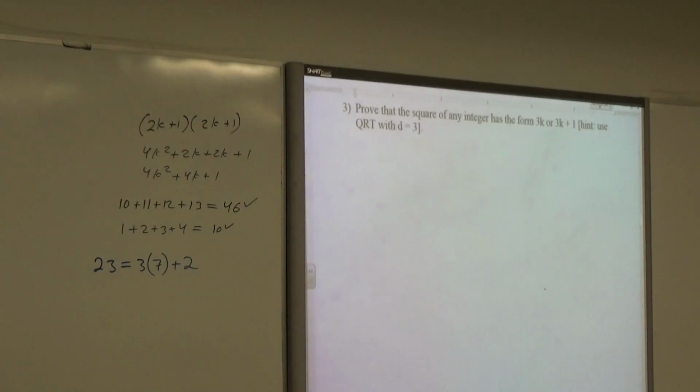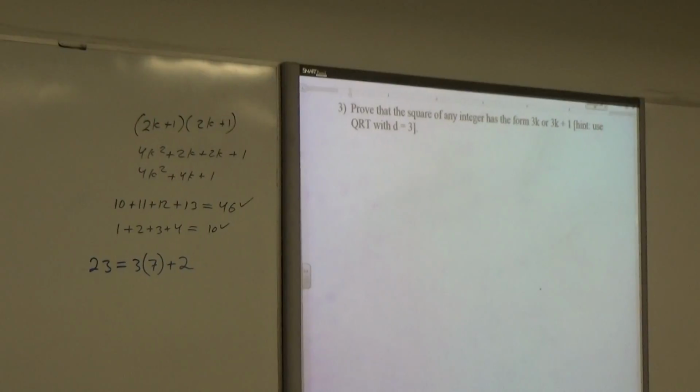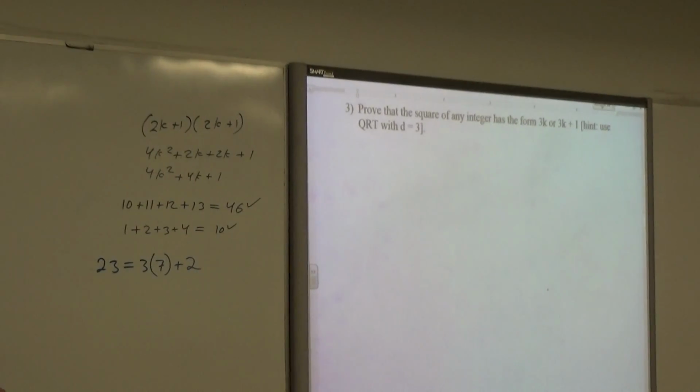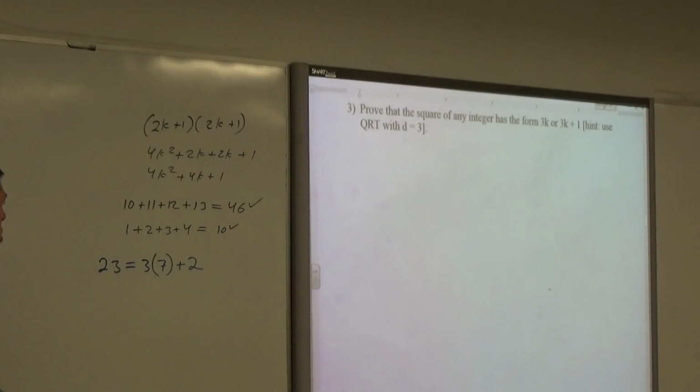What can a computer automatically say about the number 23? Not a perfect square, right? So, for some reason, if a computer can figure this out, then it says right away it's not a perfect square.